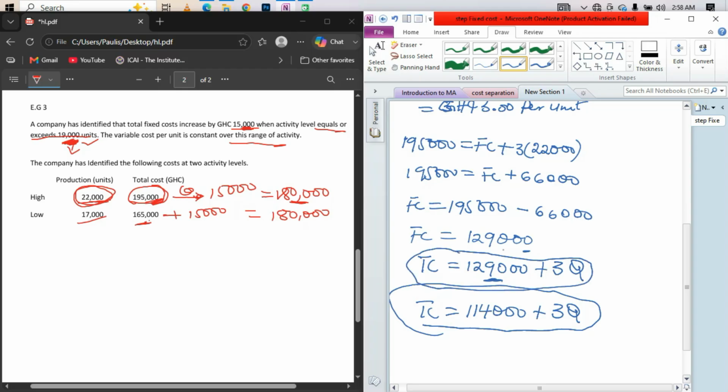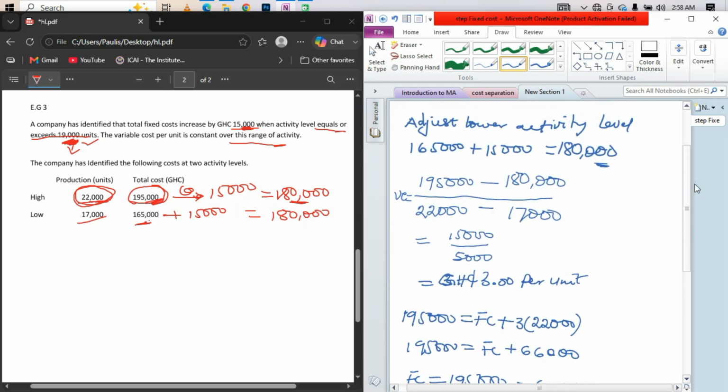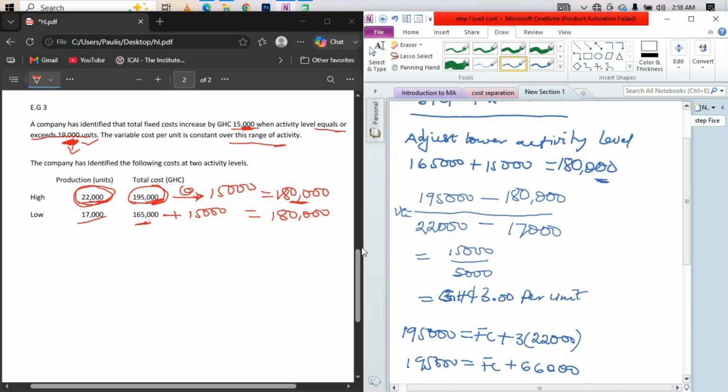So if your question is given to you like this, this is how you go about it. We can do the alternative. So let me do the alternative here. This one, we added to the low level. So let's use the high level and subtract. So if you are subtracting from the high level, it should be 195,000 minus 15,000, which will also give me 180,000.